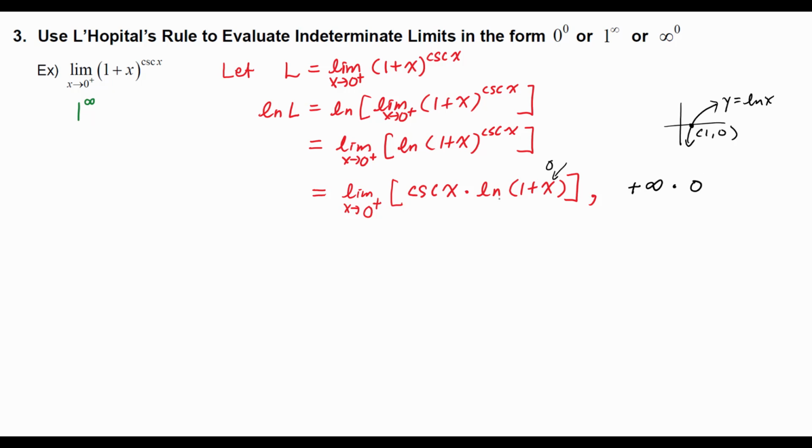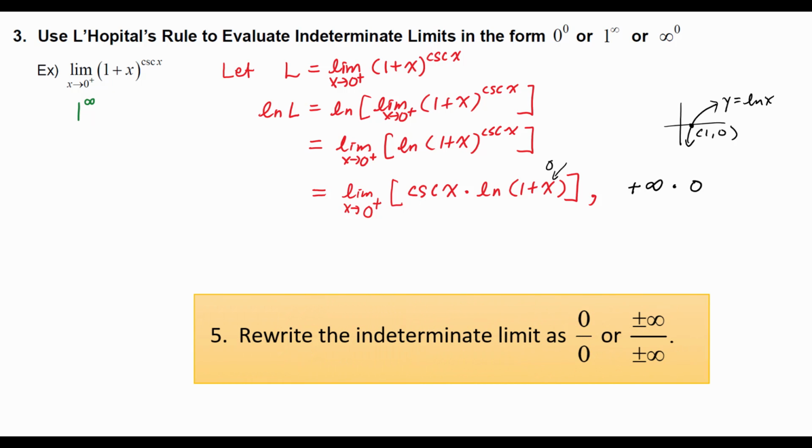Now, remember earlier, we want ln of 1 plus x there on the numerator because the derivative of that will be just the 1 over u times u prime. And cosecant x, that's very easy to change to a rational function, right? So let's change cosecant x to 1 over sine x so that we could easily make it 0 over 0. So when you rewrite it, I have the limit as x approaches 0 from the right.